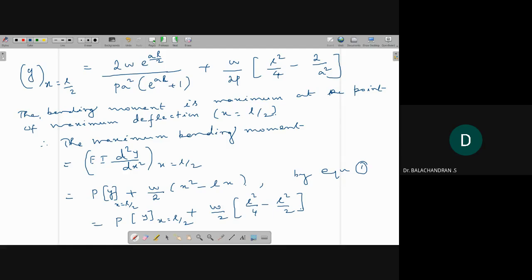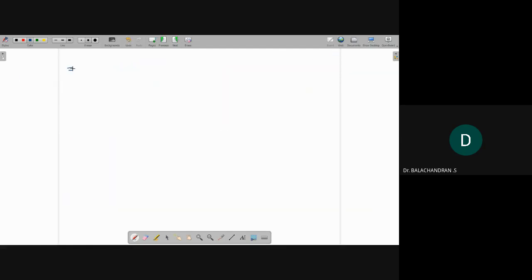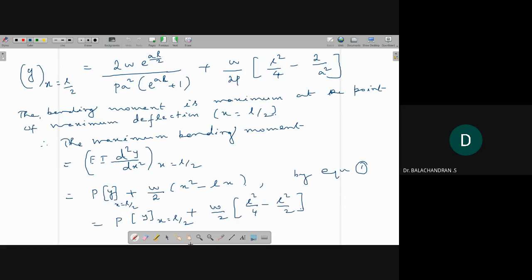I will write in the next page, which is equal to, so we get 2 omega into e power al by 2 divided by a square into e power al plus 1, okay, plus omega by 2 into L square by 4 minus 2 by A square, and then finally the last term plus omega by 2.